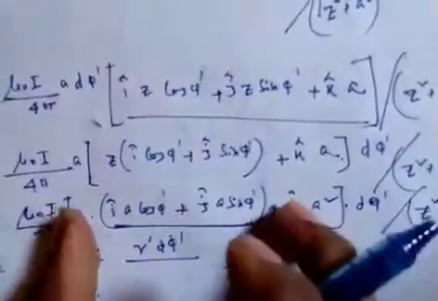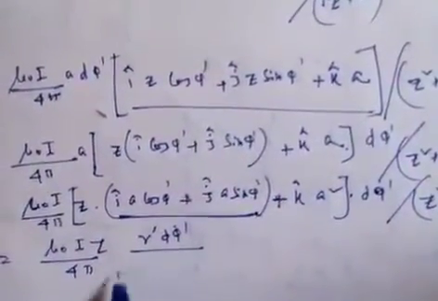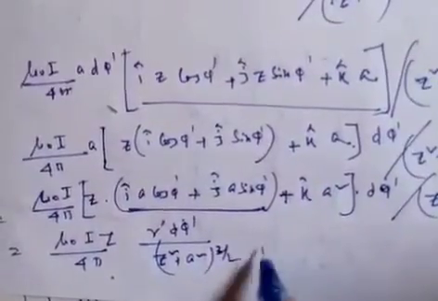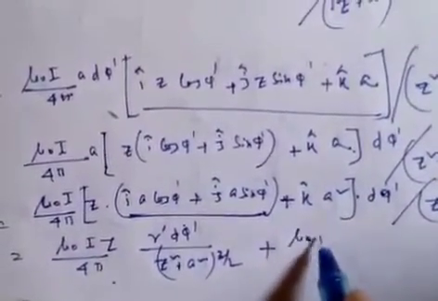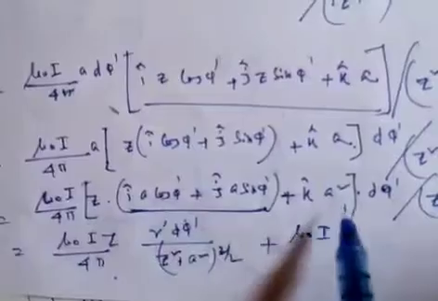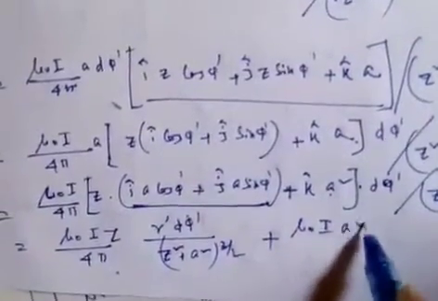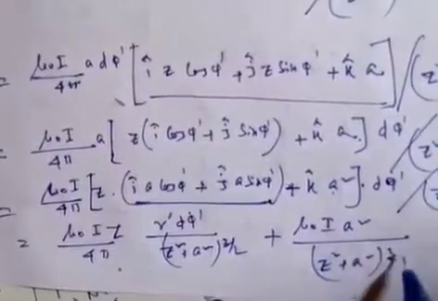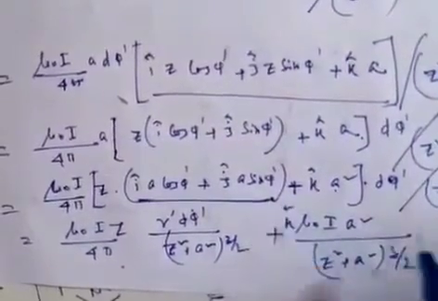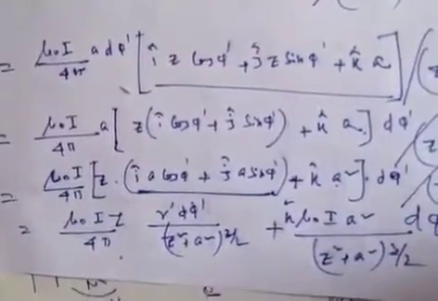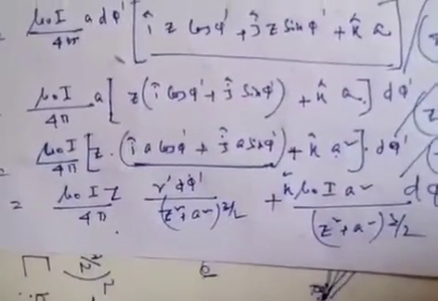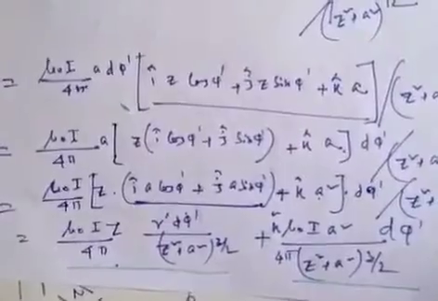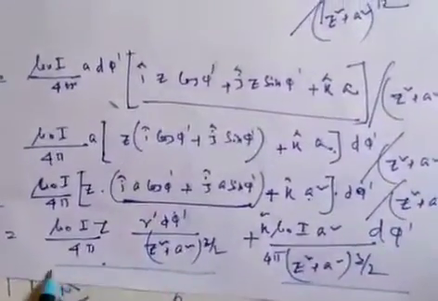I just bifurcate this portion in two terms, and the another term mu 0 I, this a square, that is mu 0 I a square by z square plus a square whole to the power 3 by 2. There is a k cap and the d phi prime, right? Now we bifurcate the final result in two parts.